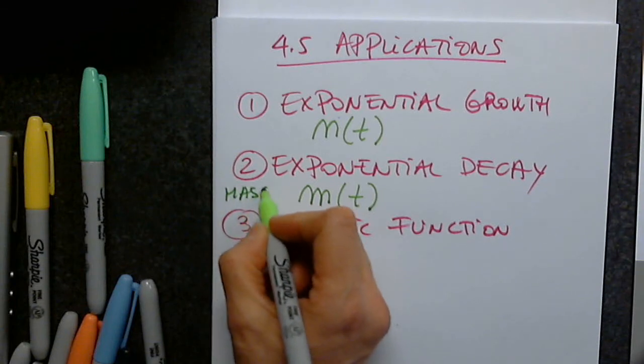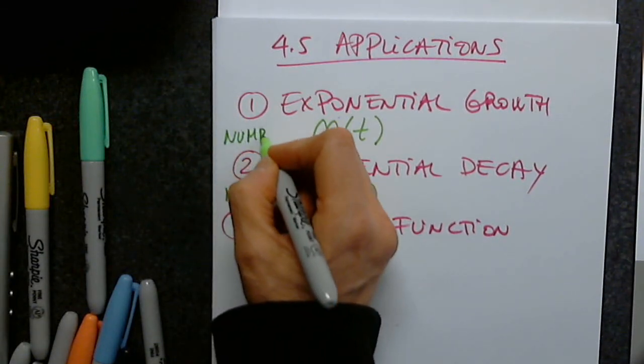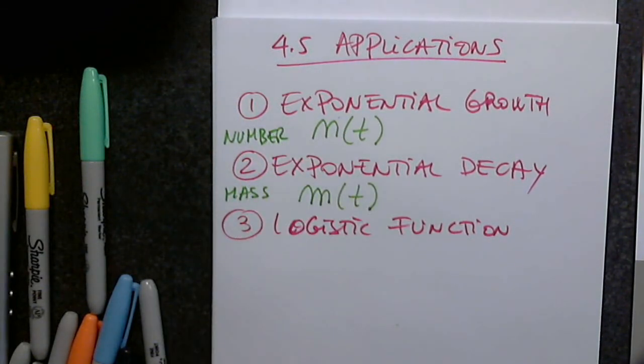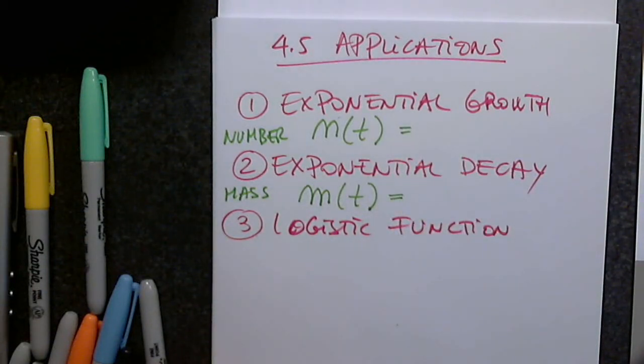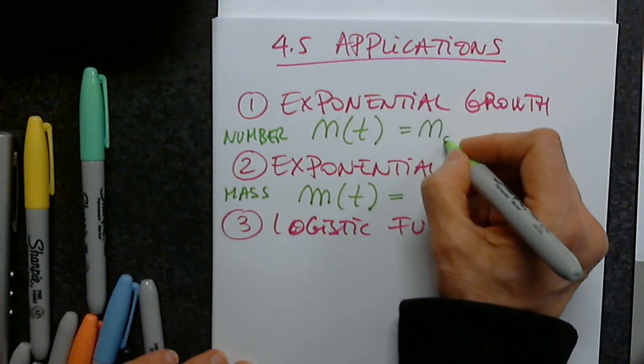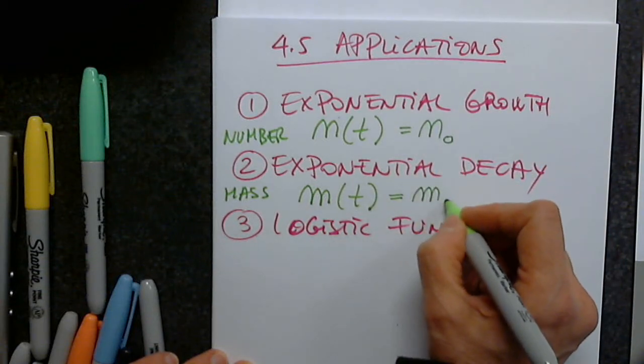So this is the mass, and this is the number. Both models have what is called the initial number or initial mass. That is always N0 or M0.